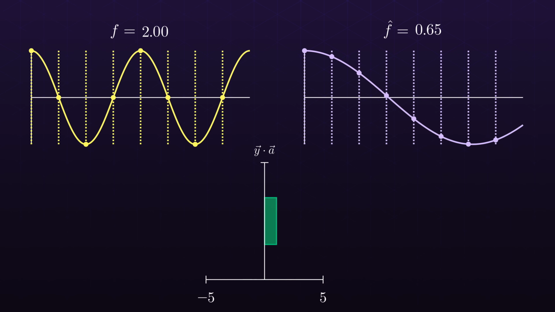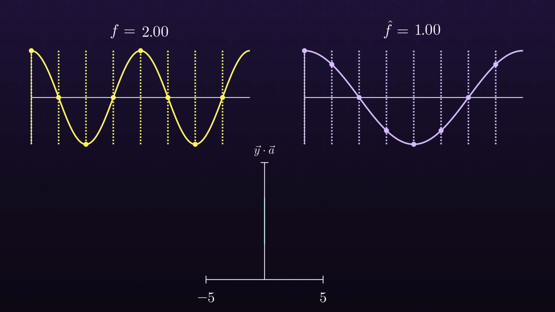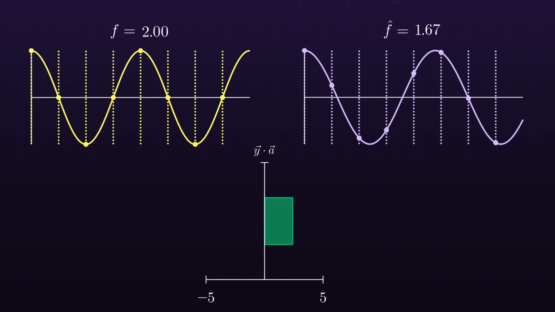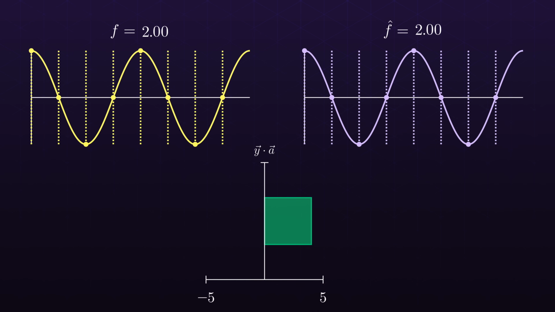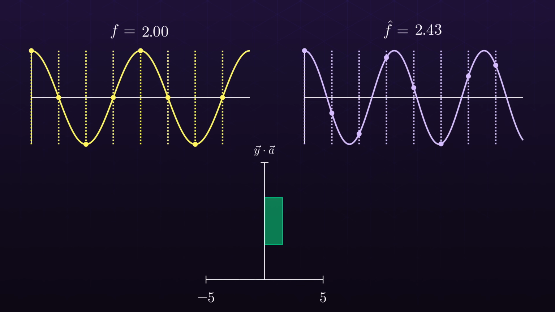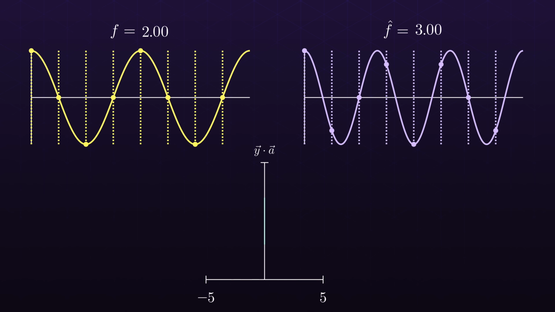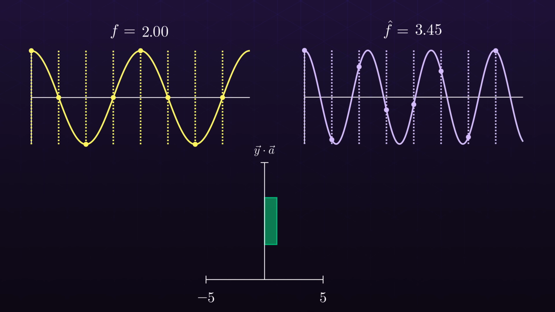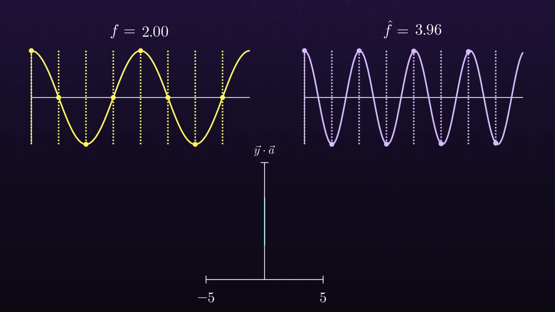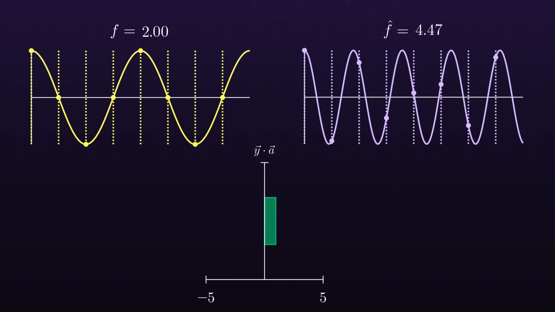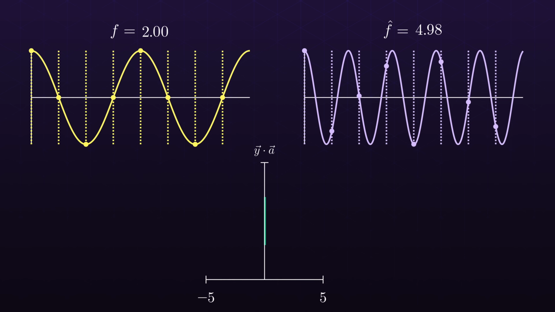But there are a specific set of frequencies where things just perfectly cancel out and we end up with a contribution of 0 as we desire. What's interesting from this particular example is that when our analysis frequency is defined such that there is an integer number of cycles within the time range provided, the similarity measure seems to always end up being 0. This looks kind of promising, so let's dive a little deeper into this behavior.